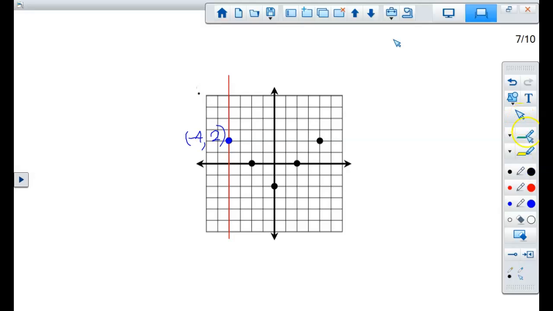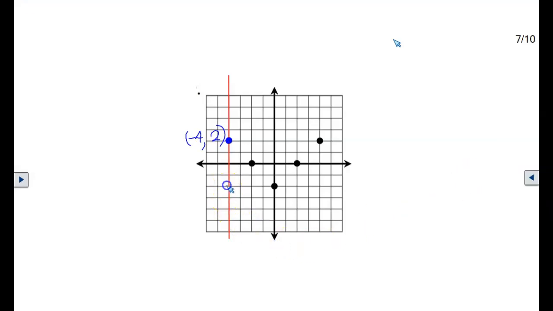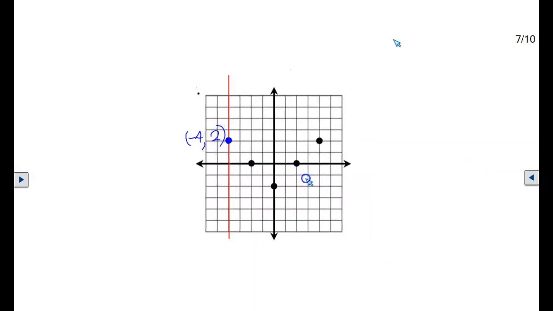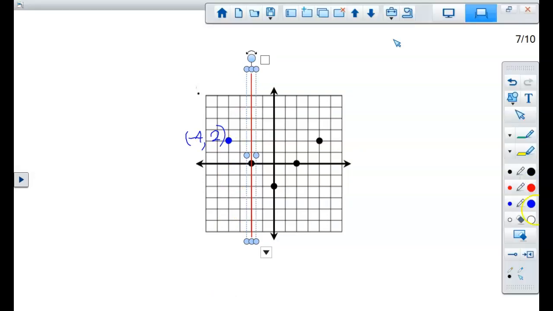All right? I'm going to grab my vertical line and drag it over a little further. Well, shoot, I dragged the graph instead of the line. All right, so I'm going to drag my line on over a bit. And again, I want to look at the point on the graph that vertical line touches.